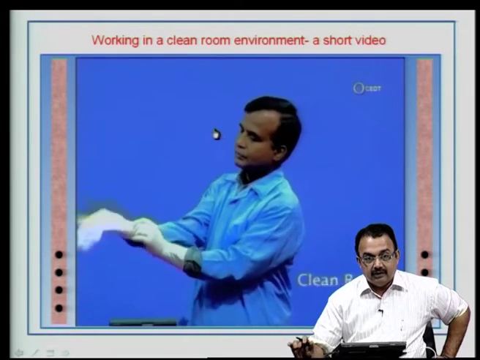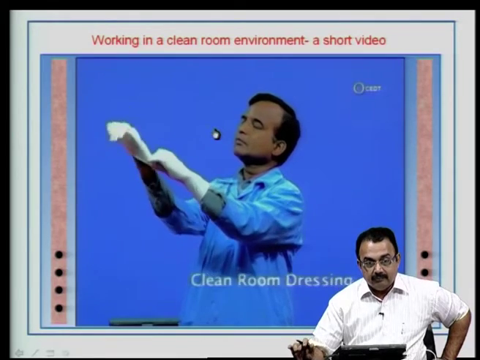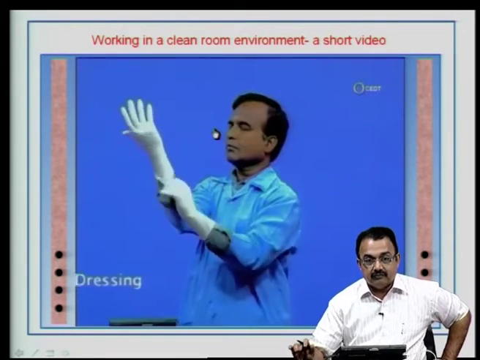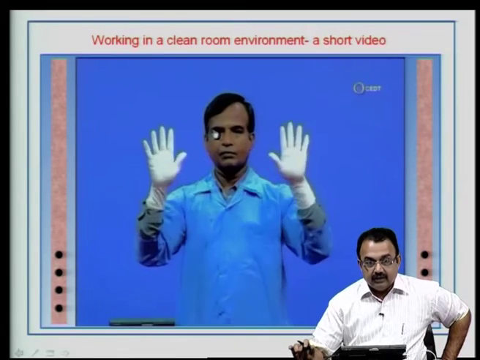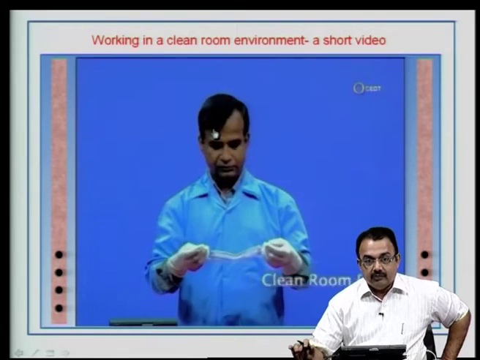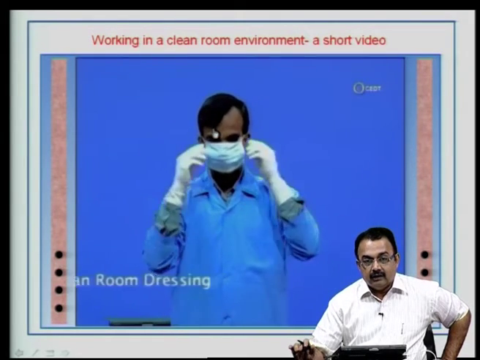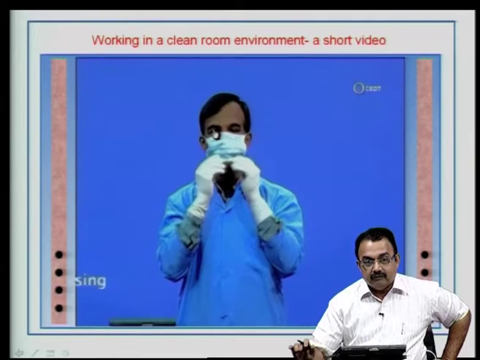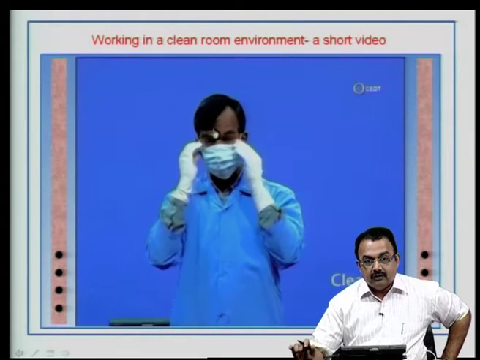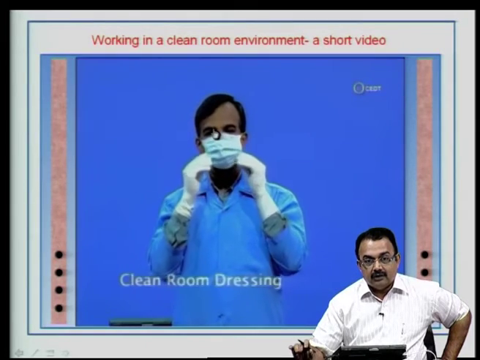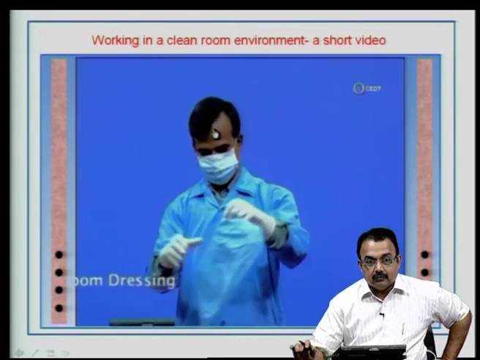There are different materials being used in PCB manufacture, for example in our lab, and there are different sections of the clean room in the lab. Nevertheless, gloves have to be worn. You have to wear a face mask that can protect you from fumes, acid fumes, alkali fumes or other organic solvents and so on.